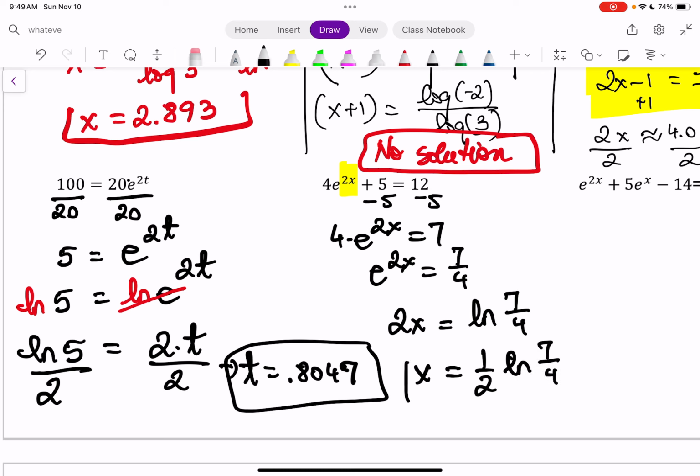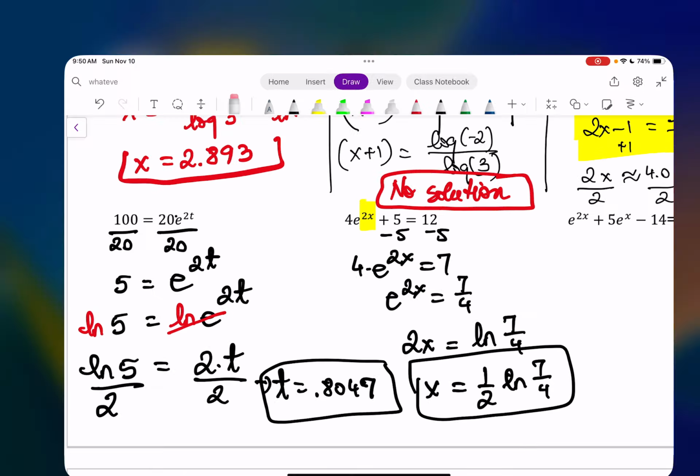By the way, this is the exact value of the expression. But if we want an approximation, so x, this is a number. 1/2 times natural log of 7/4 is kind of like my answer is 2 squared of 3, right? That's the exact answer. However, if you want to know about how much this number is, I'd have to use my calculator.